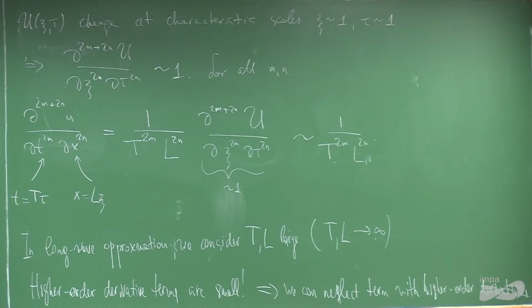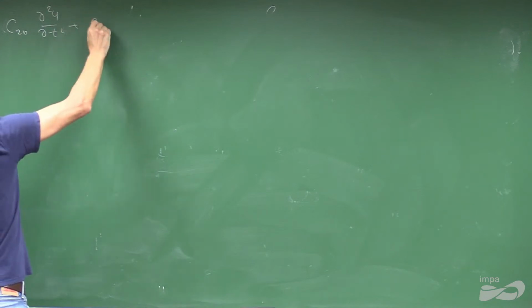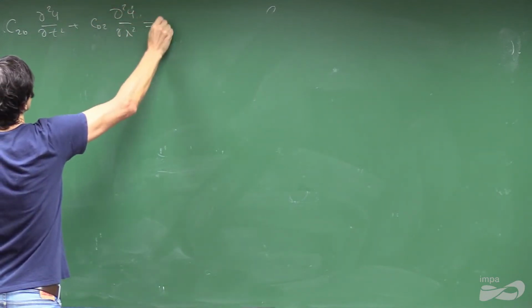So what is left is just these two terms, C20 d2u dt squared plus C02 d2u dx squared equals 0.